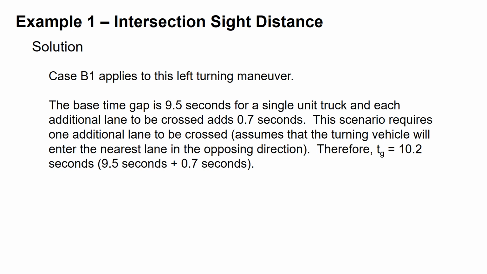This scenario requires one additional lane to be crossed because this assumes that the turning vehicle will enter that nearest lane in the opposing direction. So we don't need to go all the way across the road for that left turn. We're going to accept that nearest lane in that opposite direction. So the time gap is 10.2 seconds. That's our base time gap of 9.5 seconds plus an additional 0.7 seconds for that additional lane.